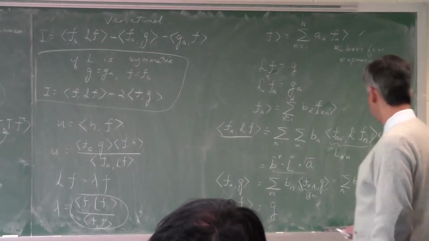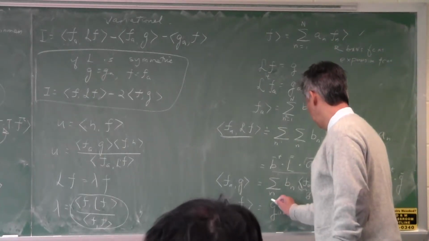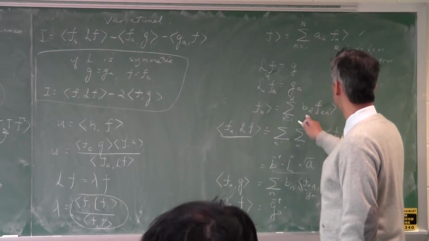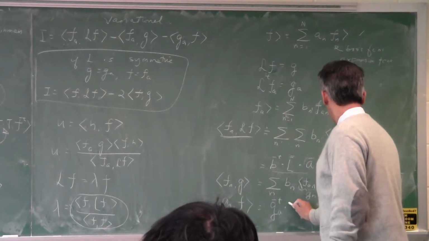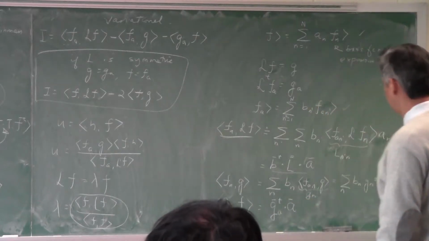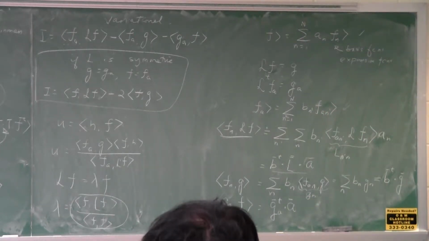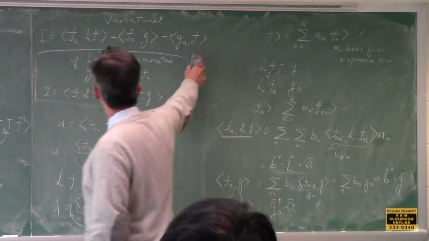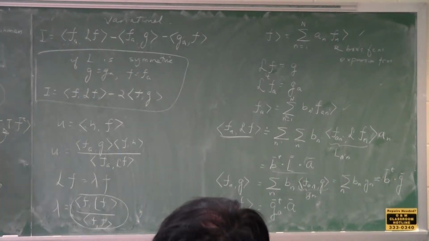This will just become GA transpose dot A. Okay? So can you see how the procedure goes now? So I have projected an infinite dimensional functional defined in an infinite dimensional space into a functional defined in a finite dimensional space.